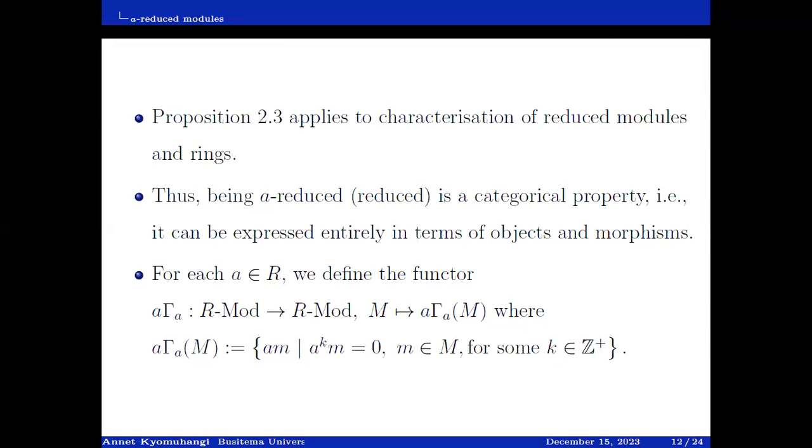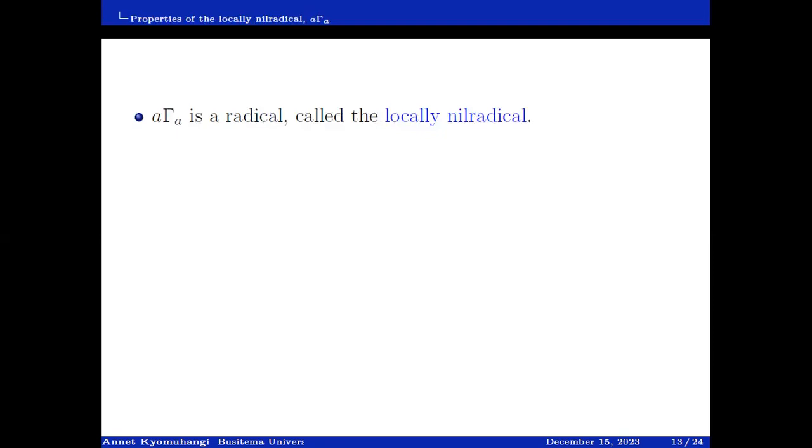So we define a functor by just left multiplication by a on gamma_a, which is the a-torsion, and by left multiplication, we find ourselves taking all elements of the module M, left multiplying them by a, which is a fixed element. So you have am such that m is annihilated by powers of a. And we find that actually this functor is a radical.